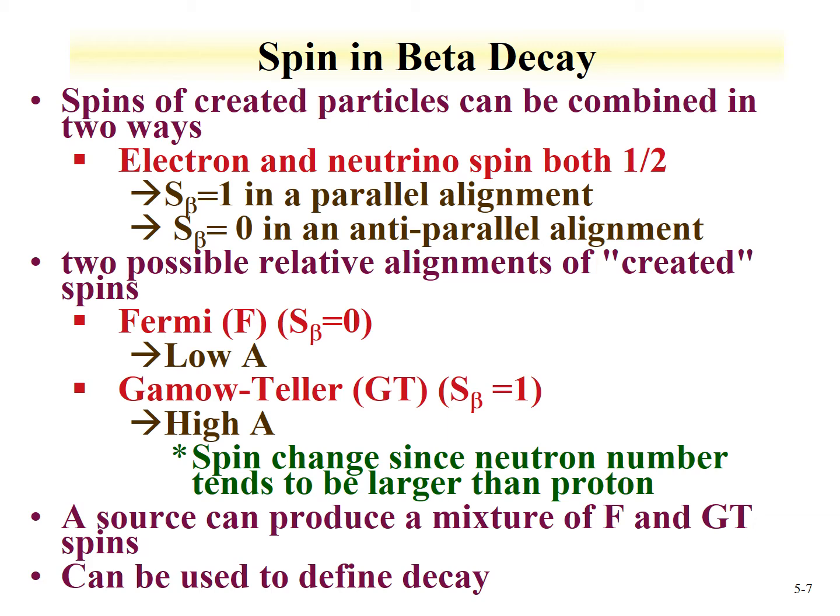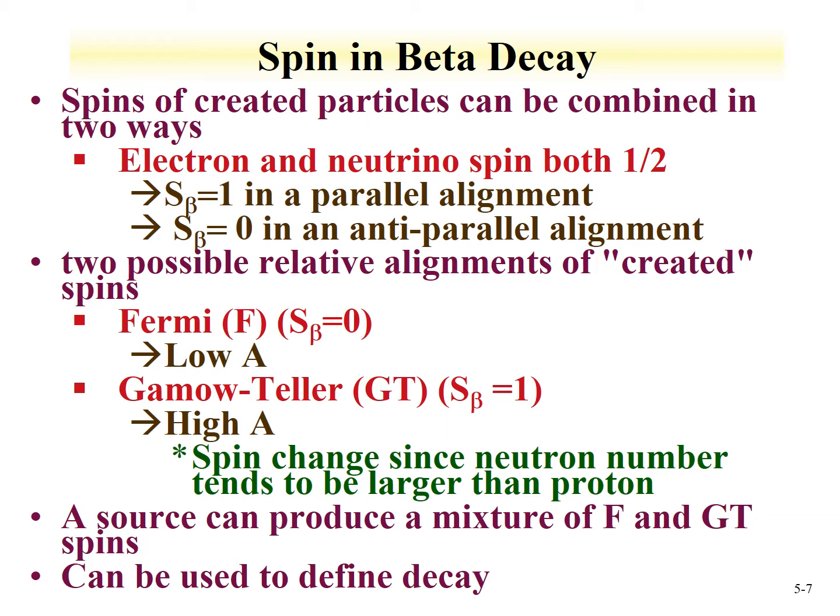And the reason you see this change at higher A is, if we examine low A isotopes, the number of protons is approximately equal to the number of neutrons. So if I swap a neutron to a proton state or a proton to a neutron state in the shell model, which we'll describe later, the occupied states are going to be about the same. The overall spin change will be 0.